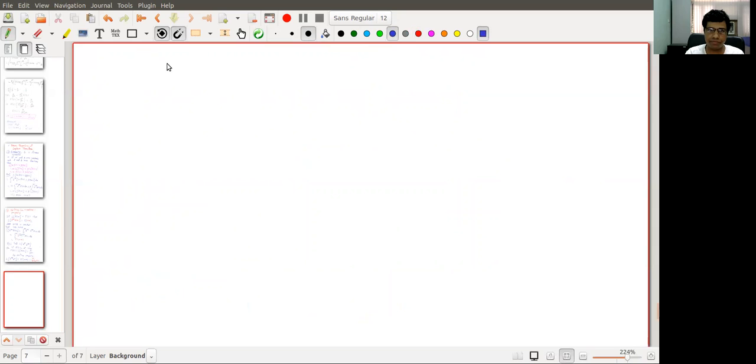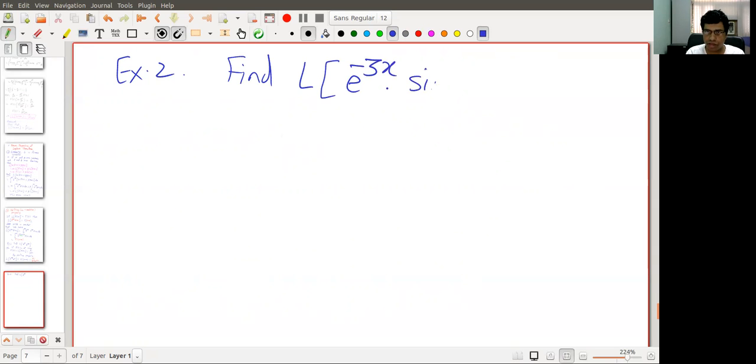Next example. Find Laplace transform of e raised to minus 3x into sine 4x.